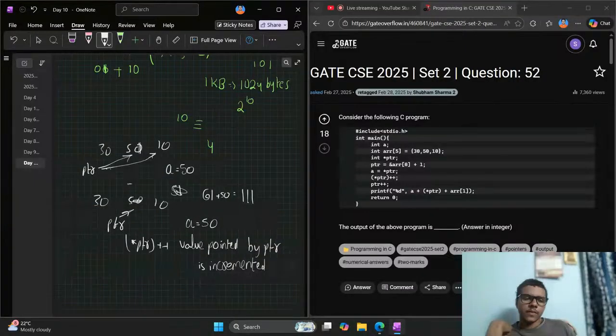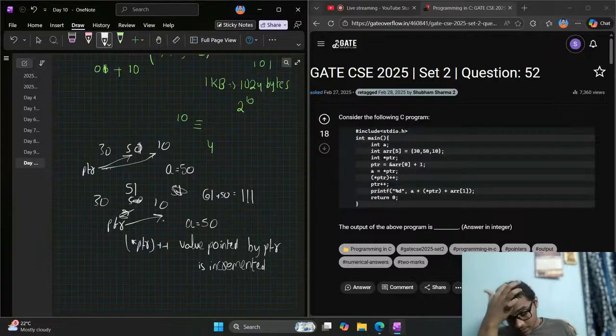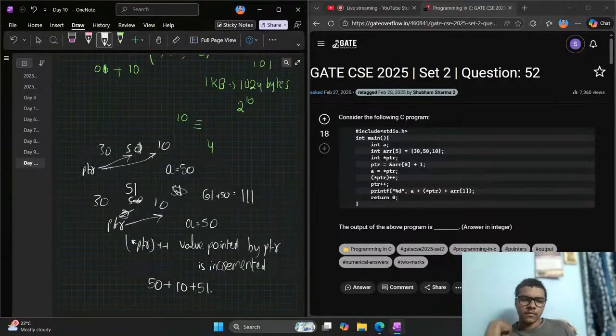So it will now become 51 and it will now point to 10. So A value is 50 and the pointer is now pointing to 10 and array of 1 is 51. Nice, that is 111, yeah.